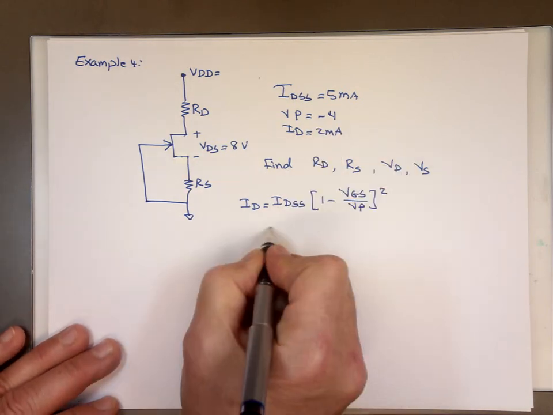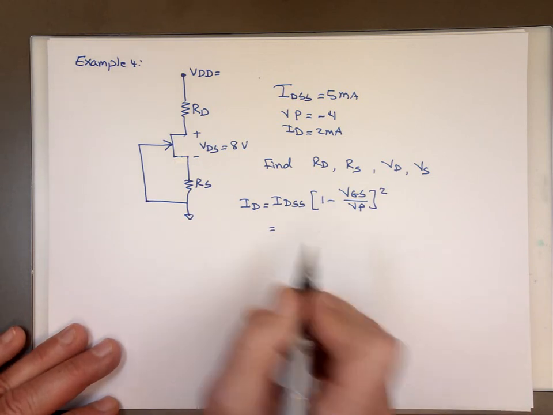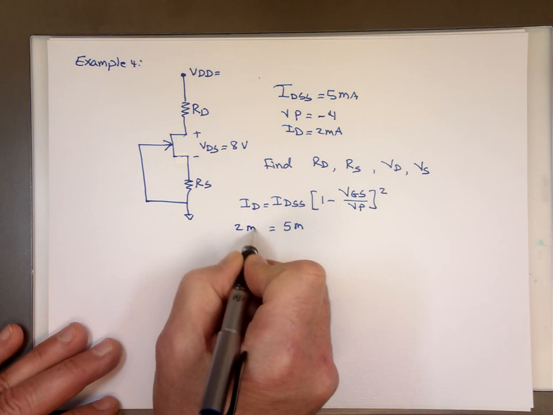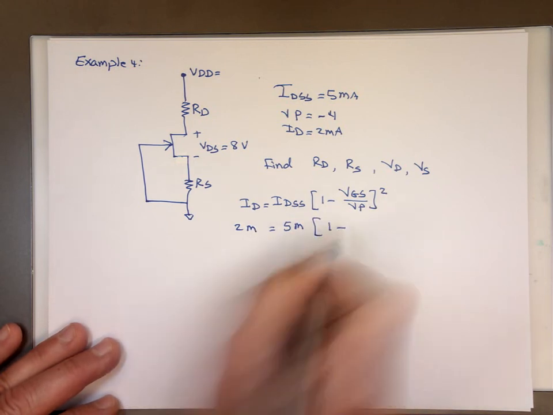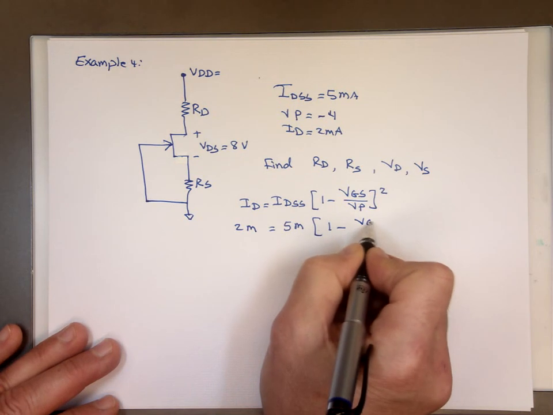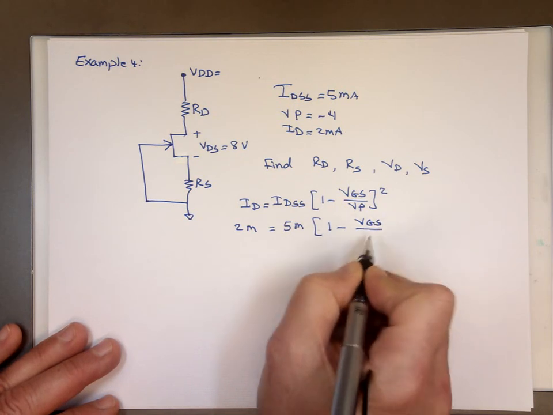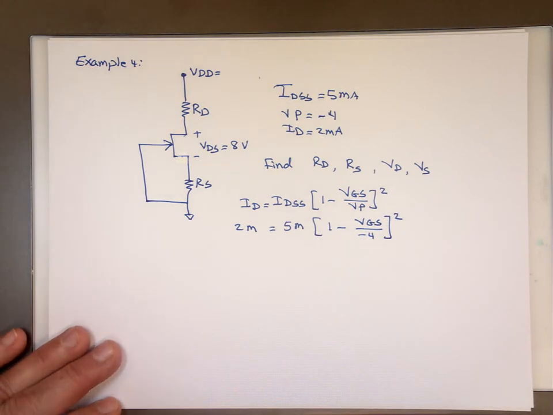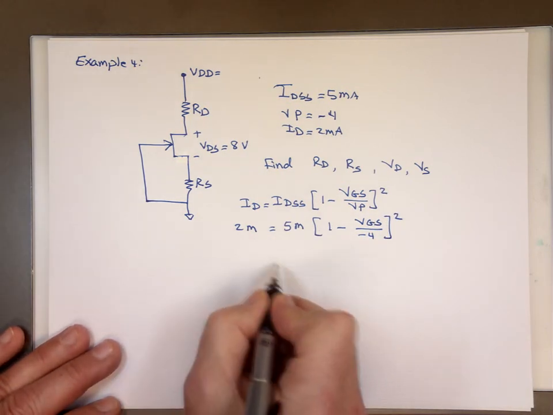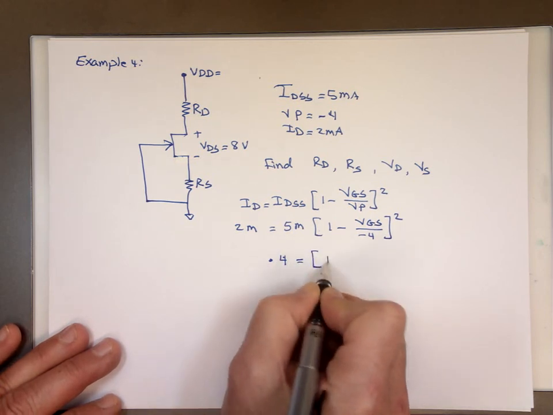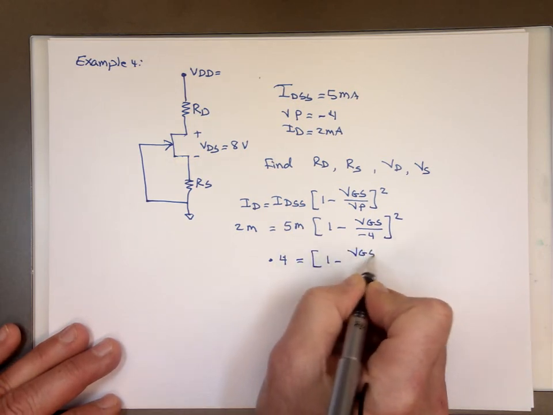So I sub DSS is 5 milli, I sub D is 2 milli, 1 minus VGS, which is unknown, over negative 4, squared. That's 0.4 if you divide by 5, equals (1 minus VGS over negative 4) squared.